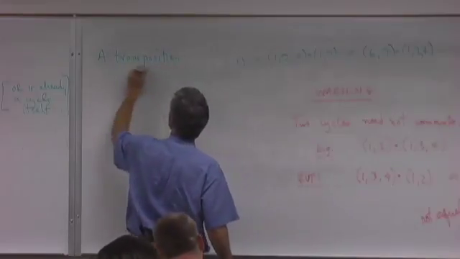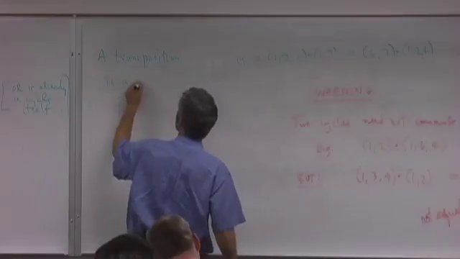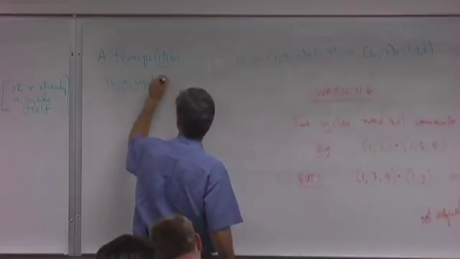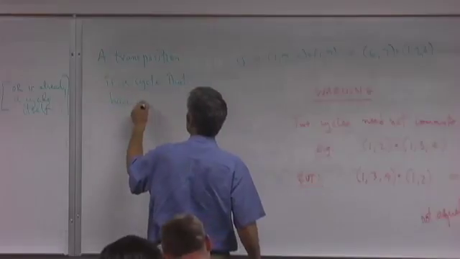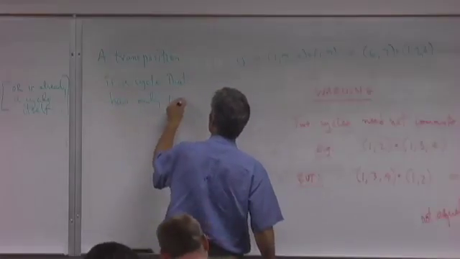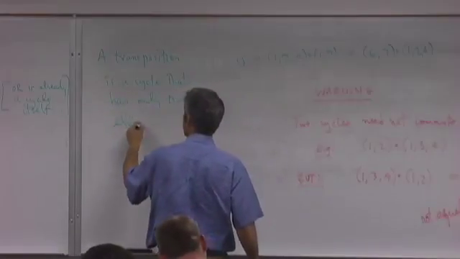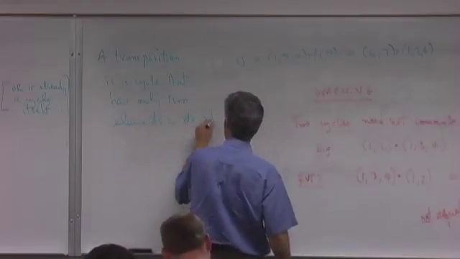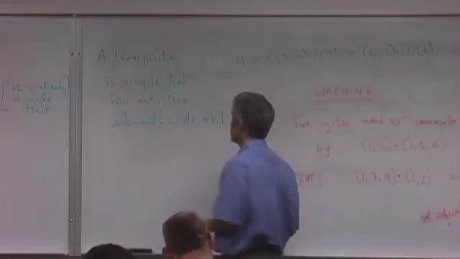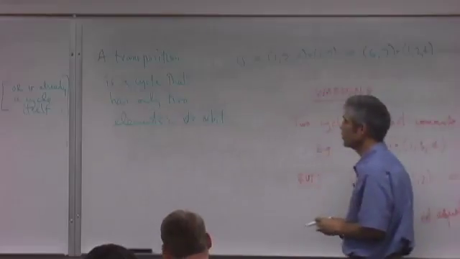is a cycle that has only two elements in its orbit. In other words, it has only one non-trivial orbit, and that orbit only has two elements.